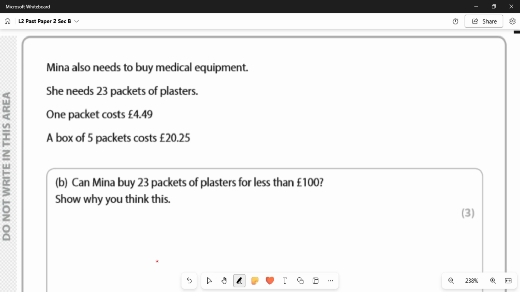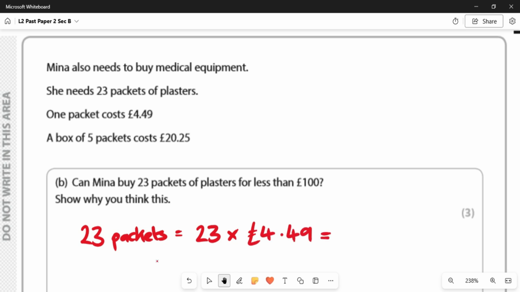Well, first of all, let's get 23 packets by doing 23 times, how much is each one? £4.49. I don't think it's going to work, but let's just see what we get. I'm pretty sure that this will be more than £100.